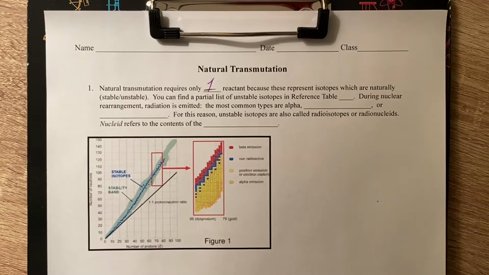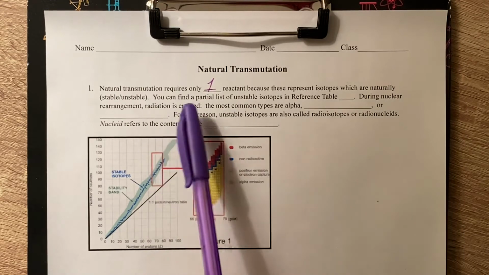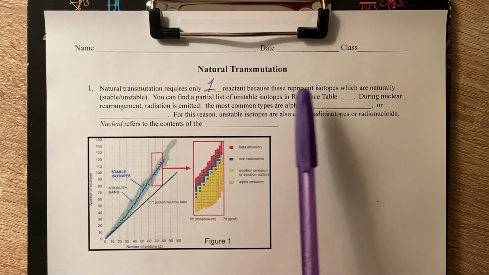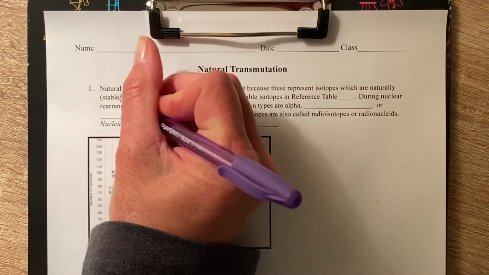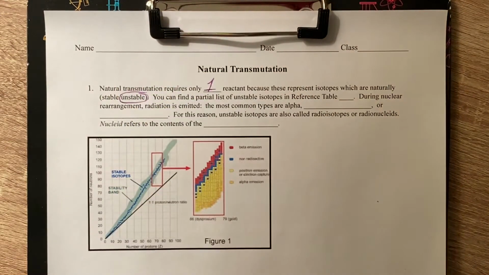You've got one reactant, two products, because it's that natural decay, and it's just going to release either an alpha, beta, or positron particle, or gamma radiation. It requires only one reactant because these represent isotopes which are naturally unstable. The only reason they're releasing something from the nucleus is because they're unstable.